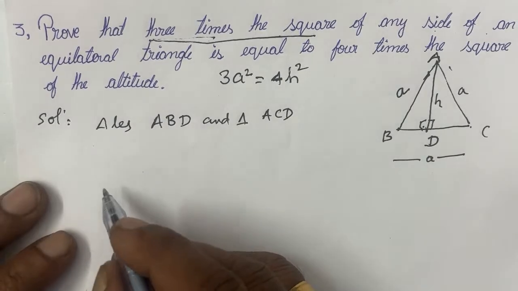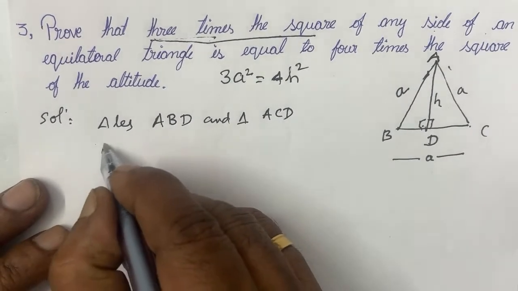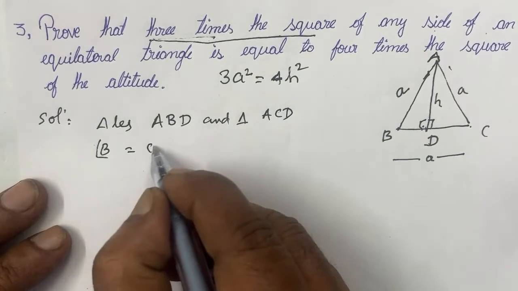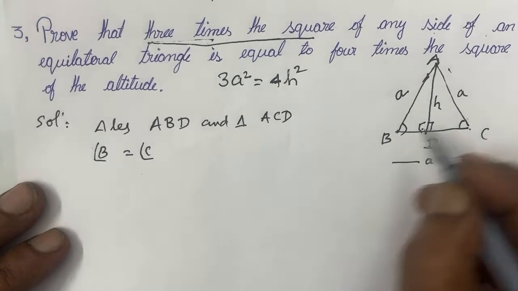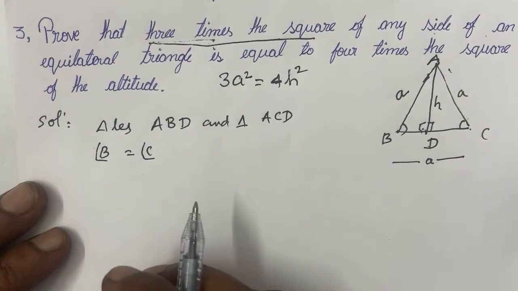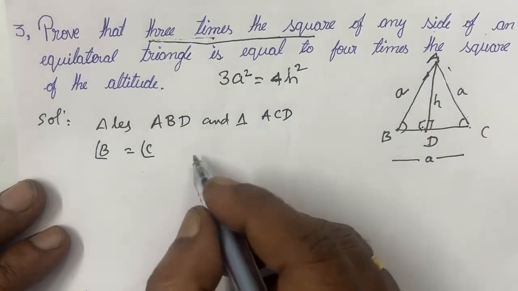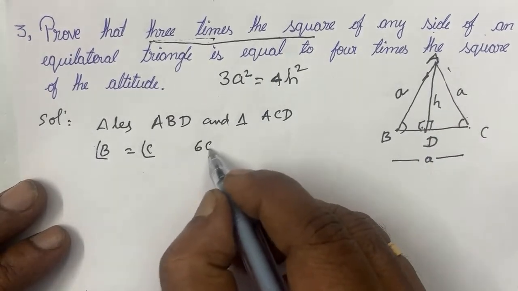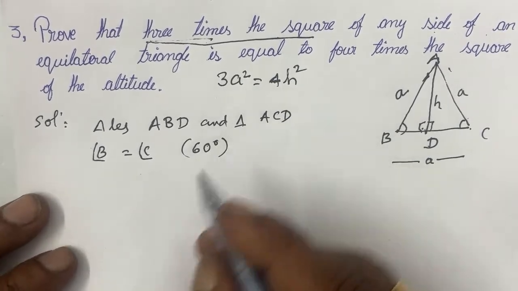In this case, angle B is equal to angle C. Why are they equal? Because it is an equilateral triangle, so each measures 60 degrees.